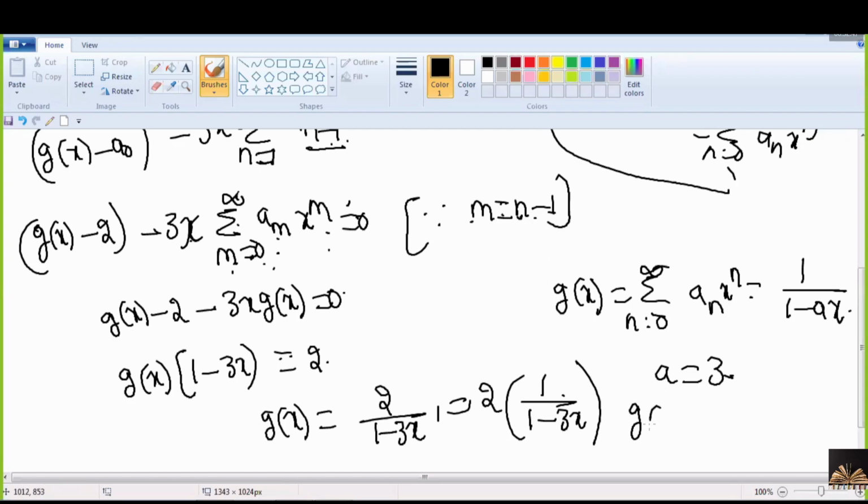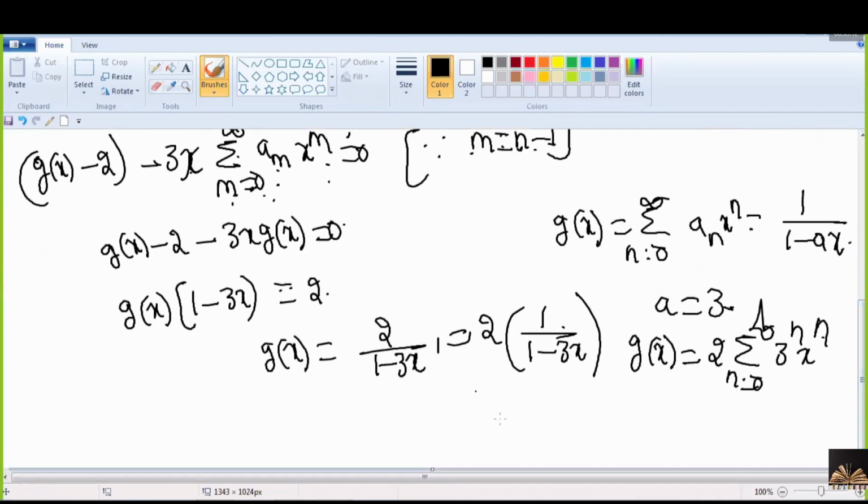Therefore, you can write this g of x as 2 into summation of n equal to 0 to infinity, a is 3 here, 3 power n into x power n. And this can be written as g of x equal to summation of n equal to 0 to infinity 2 into 3 power n x power n.